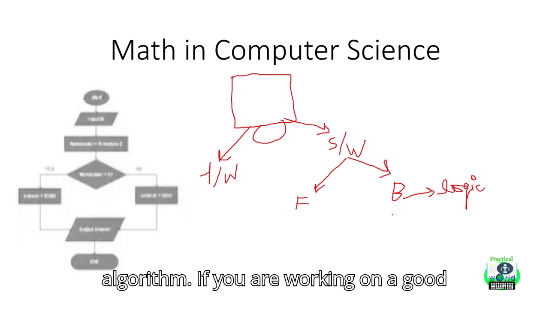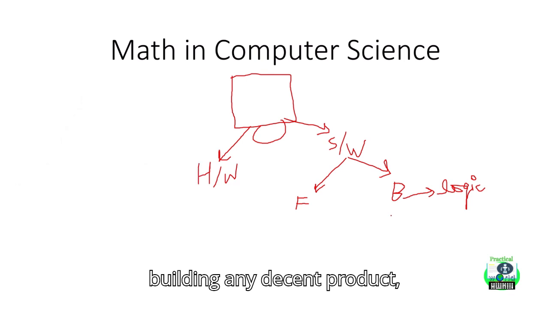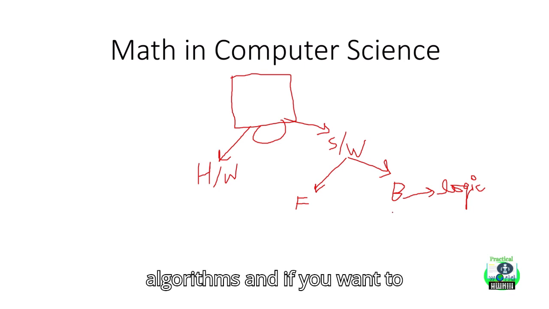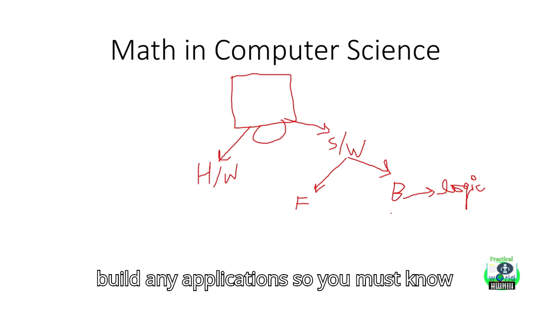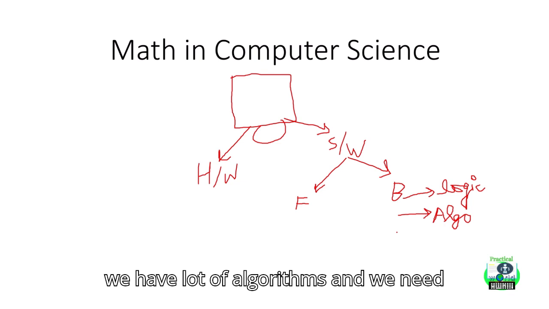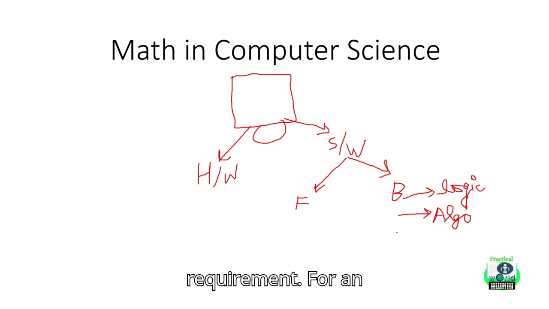If you are working in a good organization and building a decent product, you have written many algorithms. And if you want to build any application, you must know algorithms. And sometimes we have a lot of algorithms and we need to choose one based on our requirement.